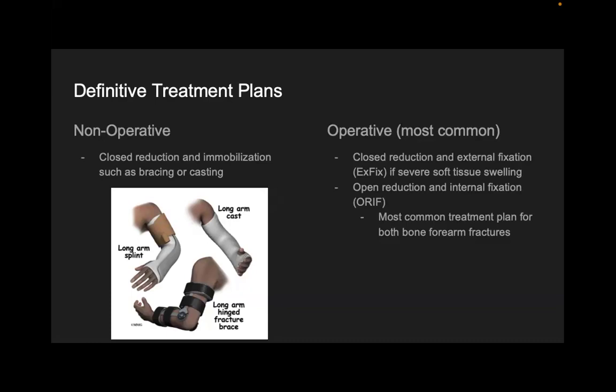To operate while there's a lot of swelling is really difficult, and there's going to be a lot of things in your way. So you're going to want to put an X-fix early on, let some of that swelling decrease, and then you could go back and do your definitive fixation, which is your ORIF, or open reduction internal fixation, meaning you're opening the skin and then you're putting an internal stabilizer with plates and screws and things like that, okay?